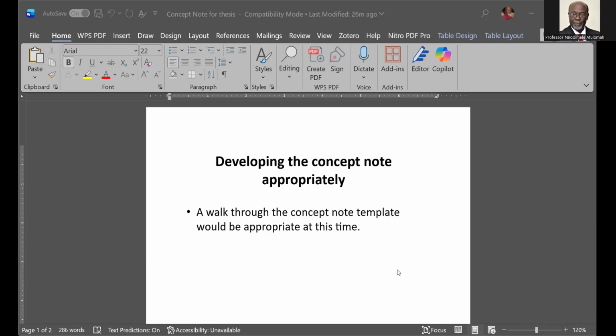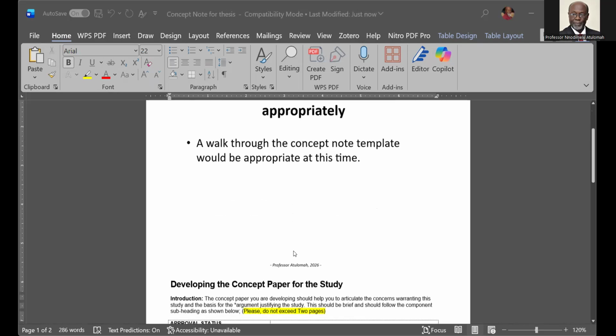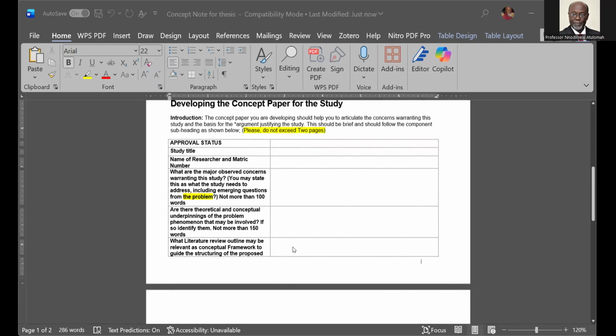So we move on to the concept notes. Let me quickly share the actual concept note that you have. I'll walk you through the concept note template so that you'll be able to use it when you download it.